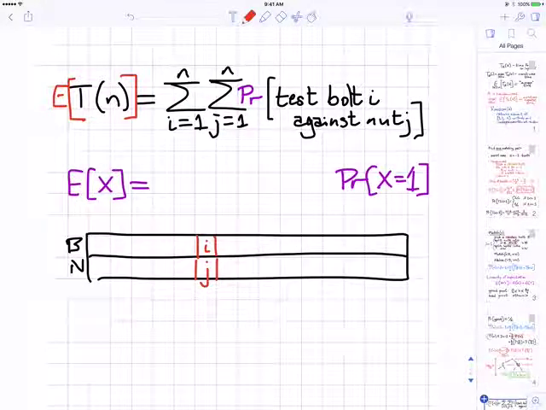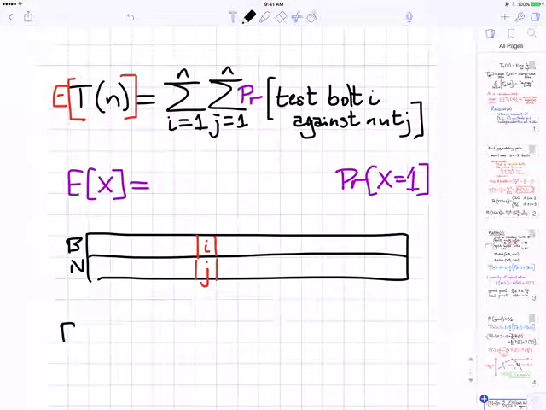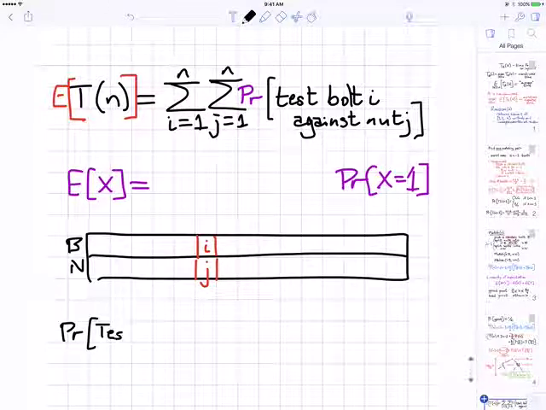I and J are equal. Okay, so what is the probability that I test bolt I against nut I?